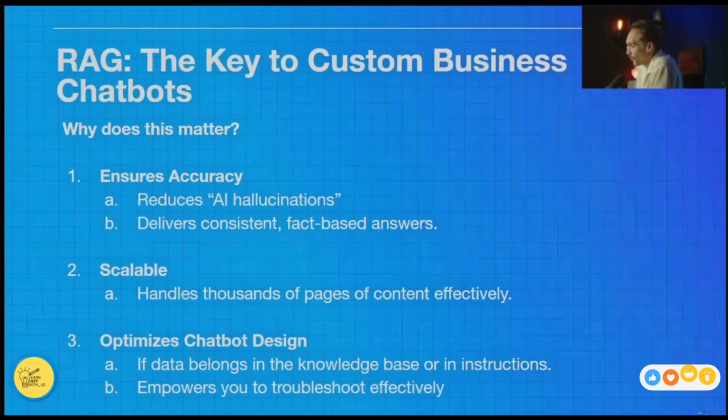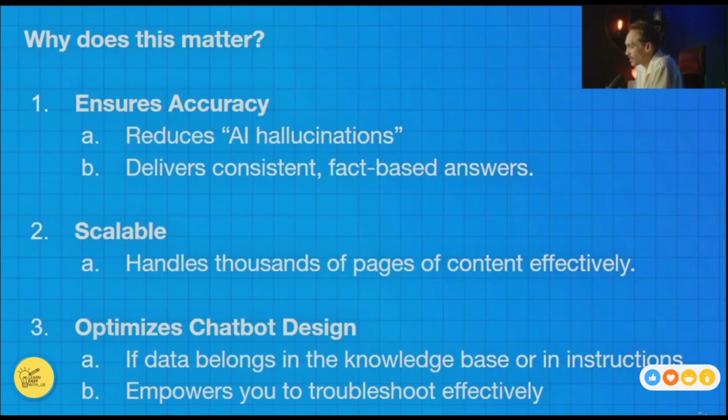Why does this matter? First, RAG ensures accuracy by reducing AI hallucinations, where chatbots make up answers. It's also highly scalable, capable of handling thousands of pages of content, far beyond ChatGPT 4.0's current context window of a few hundred pages at the moment of this lesson.